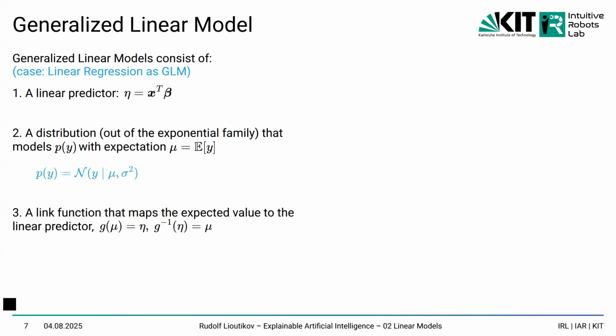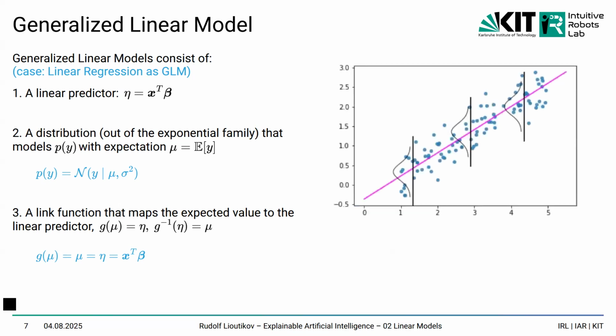Okay, let's start with what we've already established. Our distribution over our y's is Gaussian, and the link function is just the identity function, so we can equate them right away. That's easy, and the linear predictor is already our linear predictor, so there's nothing we have to do about this at all. This means that if we look at what a line looks like when we map it, we can view it with the lens that at each point, the data are Gaussian distributed across the line.